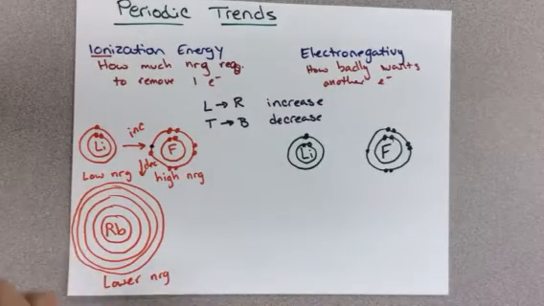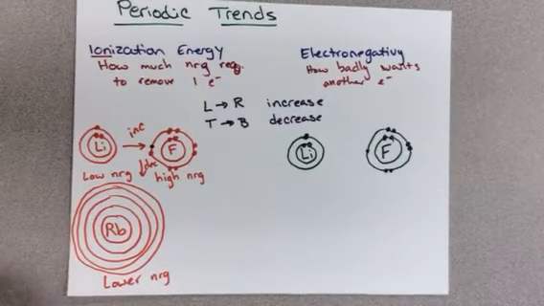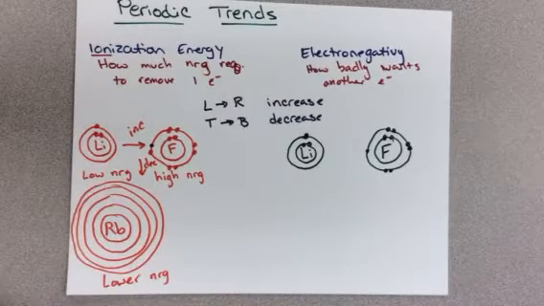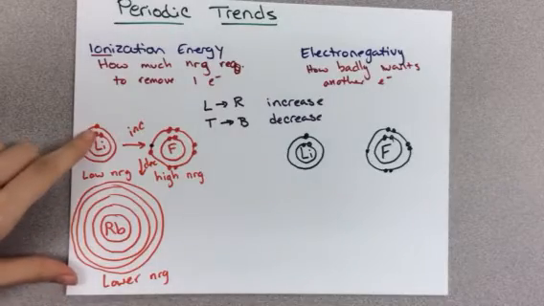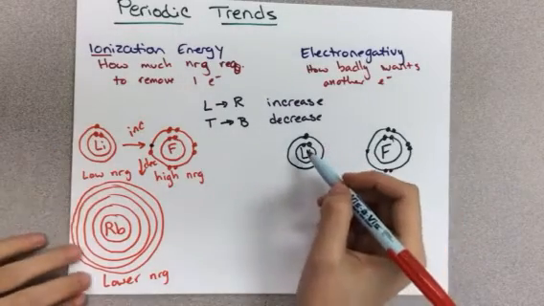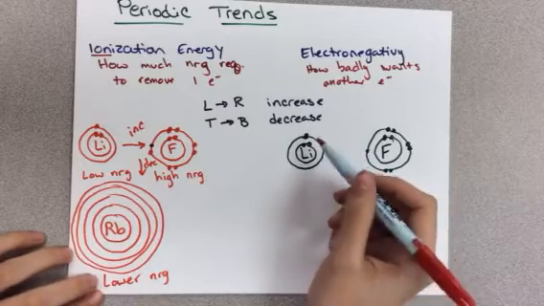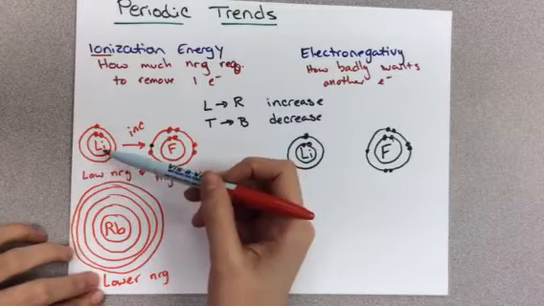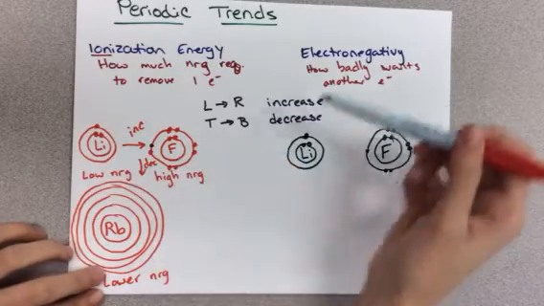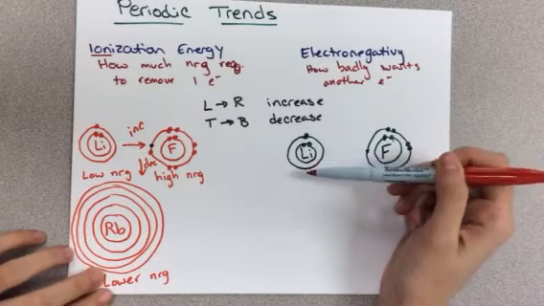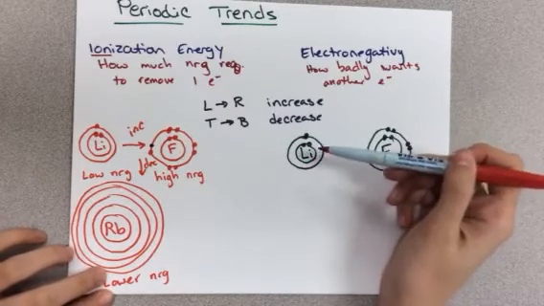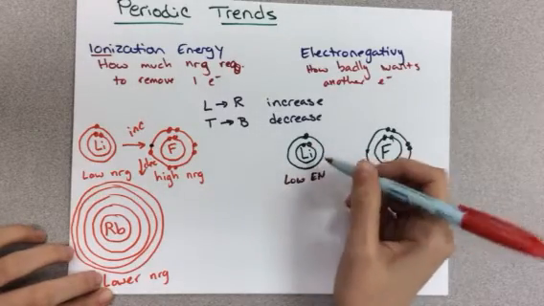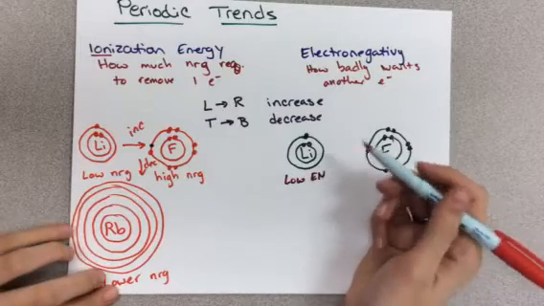So what I want you to think about is if we just said that lithium gets rid of that electron very, very easily, well then it also does not want another electron very badly. So since it has low ionization energy, it also has low electronegativity. It has a very low desire for adding another electron. It really doesn't want to add another electron.